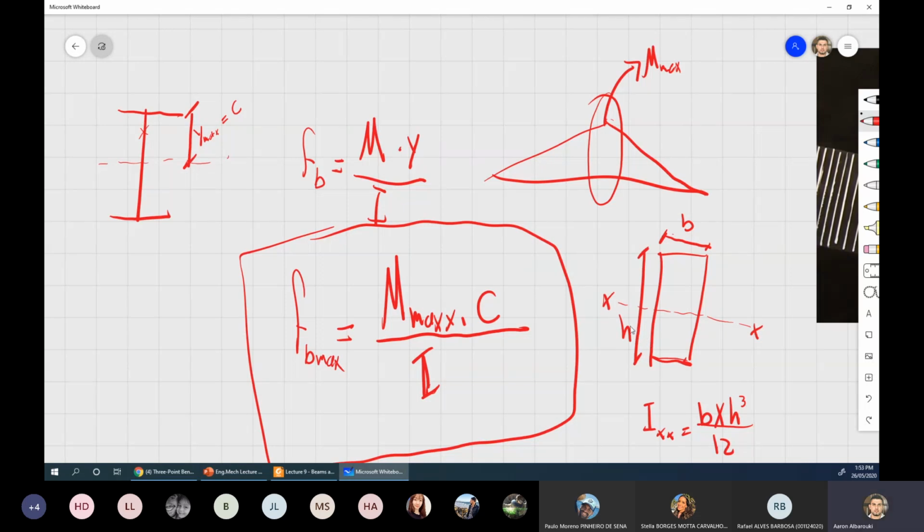Therefore, if I need to calculate an I section, you can use the parallel axis theorem, if you've done that before, or you can simplify this to a series of rectangles, as long as these rectangles all have their centroid on the neutral axis.